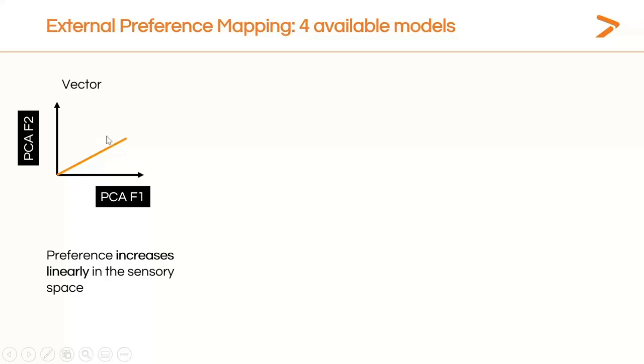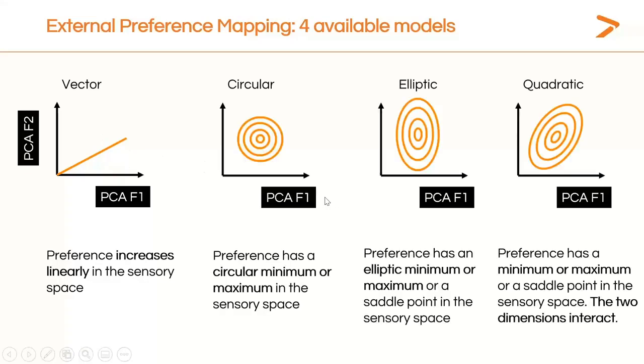This means that this consumer likes crisps. There are other models which I won't be developing, circular, elliptic, and quadratic, but I won't be illustrating them. You just need to know that these models allow defining or locating maximums or minimums of preference in the sensory space.